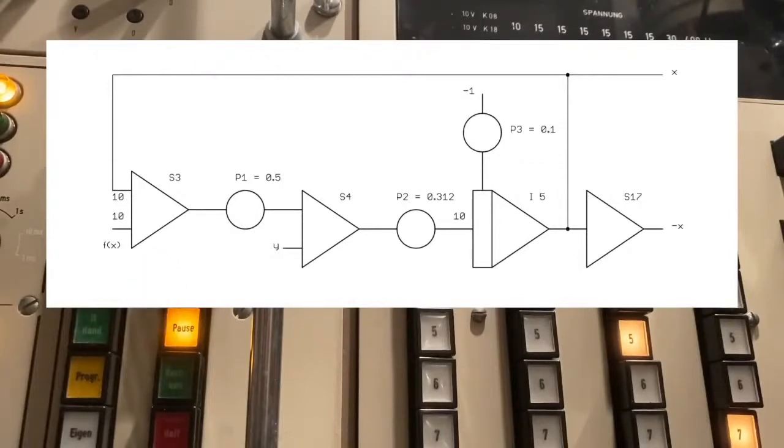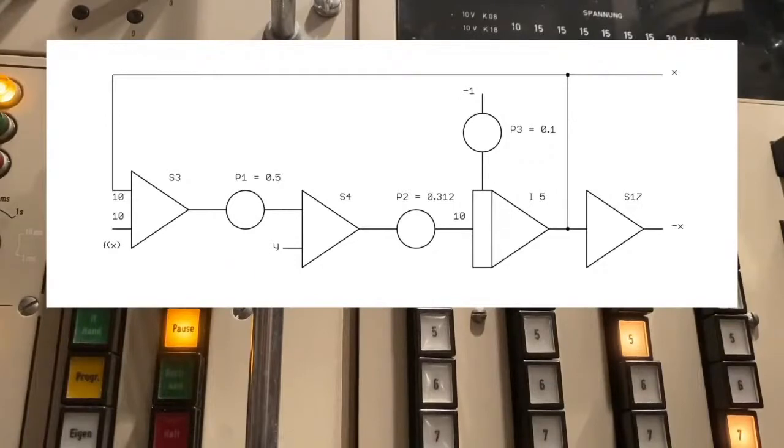A summer can have various inputs and yields the sum of the input values with a possible multiplication by a fixed input weight at its output. As a side remark, summers and integrators both perform an implicit change of sign. This is due to the actual implementation. So for example, if you sum the two values 0.2 and 0.3, you will get minus 0.5 at the output of a summer.